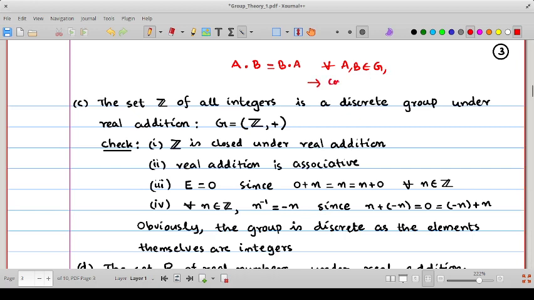So it's called commutative, and the group G will be called abelian. Now looking at this example, we can see that the group composition operation is real addition, and real addition is commutative. And therefore, this group, the set of integers under real addition, is an abelian group.